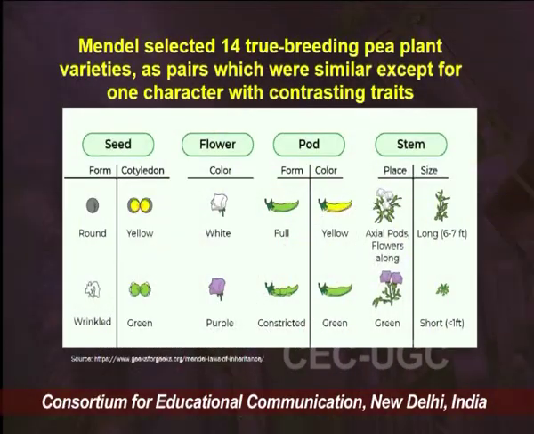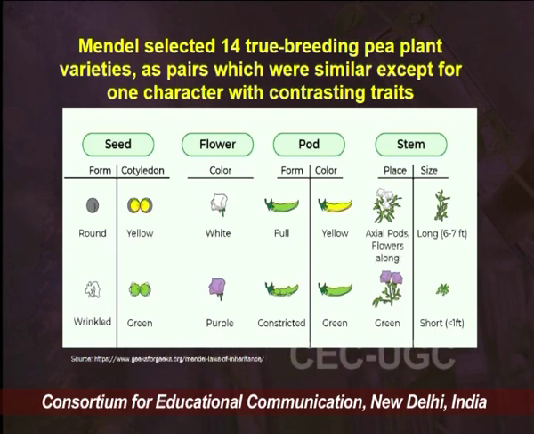So, this is an example where different kinds of seeds, pods and flower colors were used: seed color, that is cotyledon, may be yellow or green, flower was white or purple in some breeds, there was a distinction between pods, and the size of the stem in some cases was large and in other variations small or short. Studying these characteristics was quite easy, and that is why the pea was included.